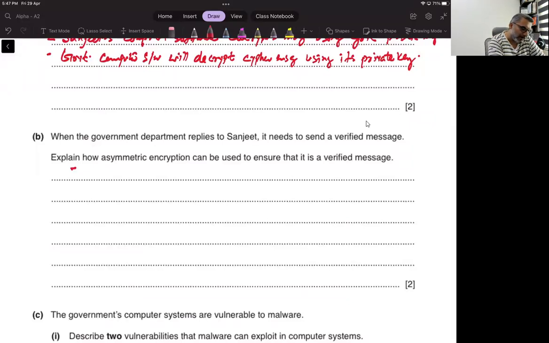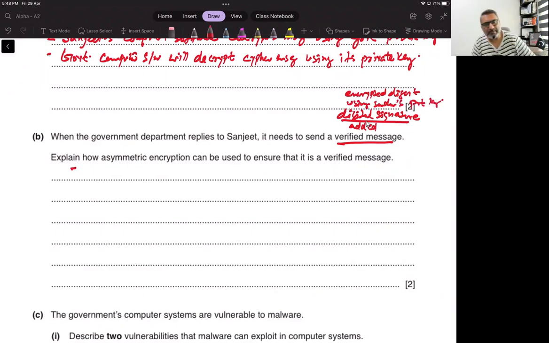And a digital signature means the digest, encrypted using the sender's private key. Okay, so this is a verified message.